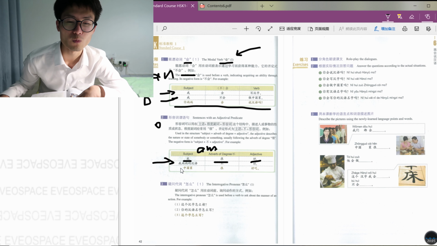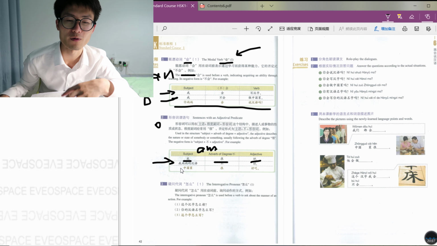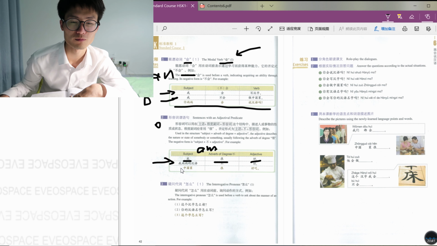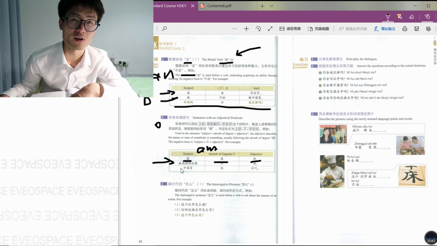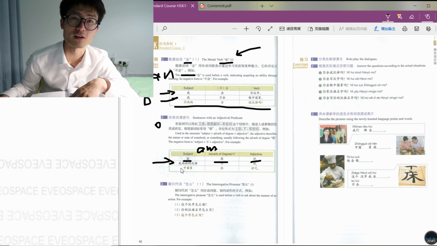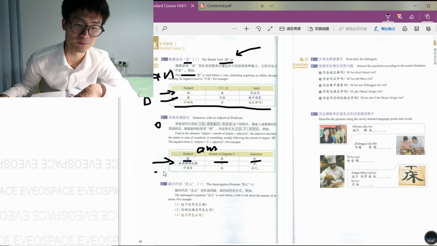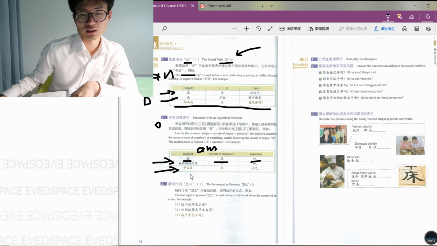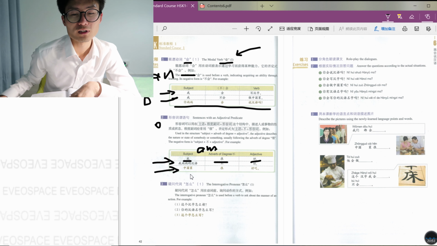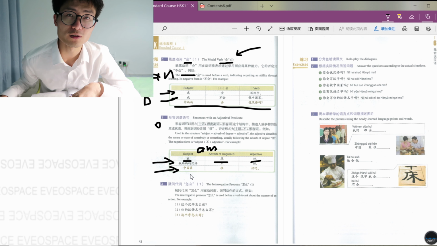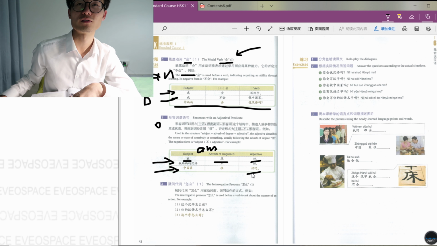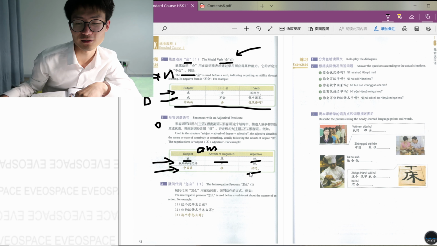Second one, 我妈妈的汉语不好, which means my mother speaks Chinese poorly. 中国菜很好吃. 好吃 means delicious or tasty.